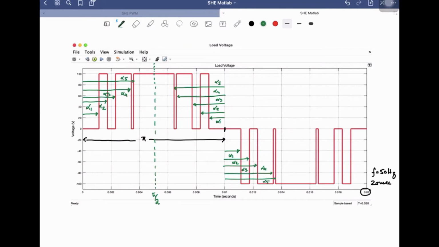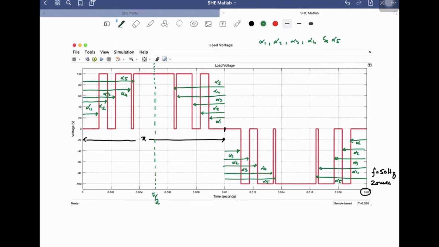And similarly over here, this will be angle alpha 1, alpha 2, alpha 3, alpha 4, and alpha 5. So we need to calculate these angles alpha 1, alpha 2, alpha 3, alpha 4, and alpha 5 to eliminate a certain set of harmonics.